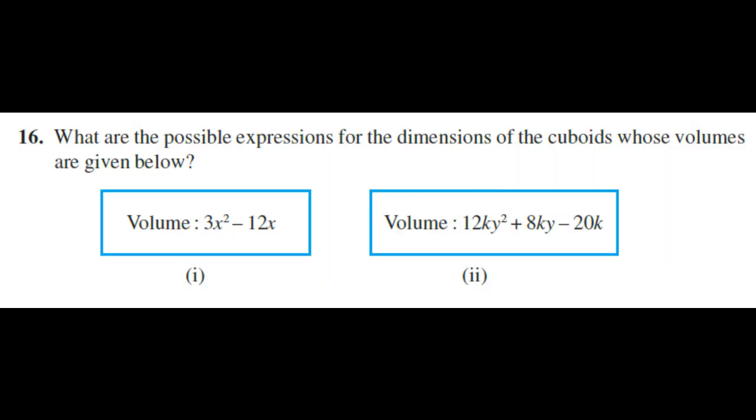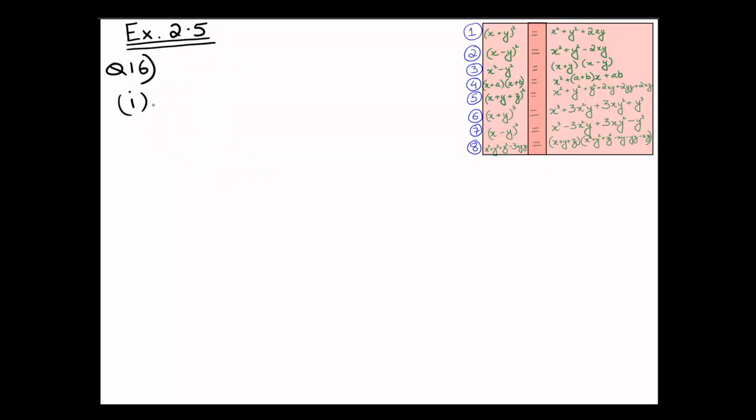Question 16 says, what are the possible expressions for the dimensions of the cuboid whose volumes are given below? And the first part is the volume is equal to 3x square minus 12x. Now we know that in case of a cuboid of lengths, let's say L into B into H gives us the volume.